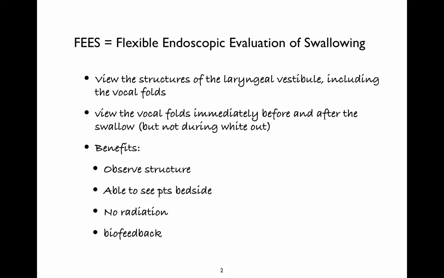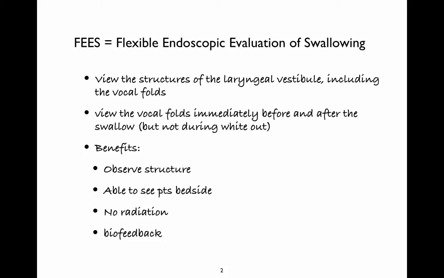When the vocal folds open, you can see into the airway via the trachea. You can view the vocal folds immediately before and immediately after a swallow, but you cannot view the vocal folds and the rest of the vestibule during the actual swallowing moment.